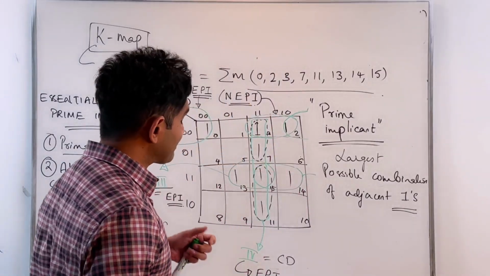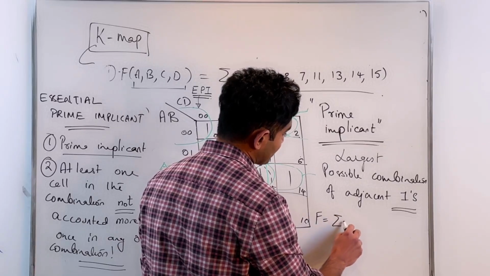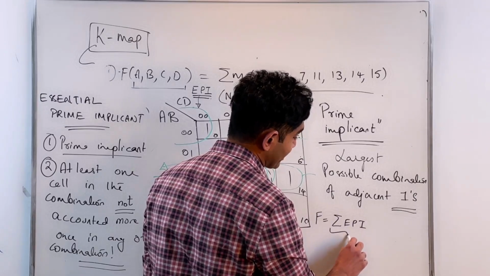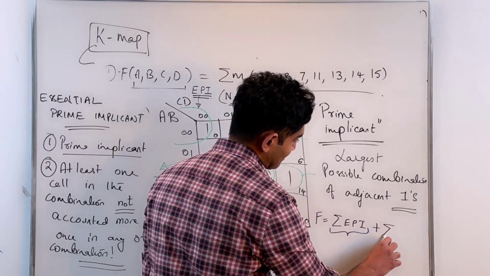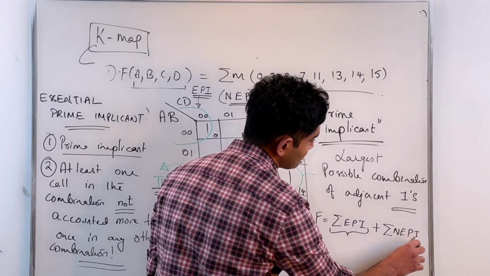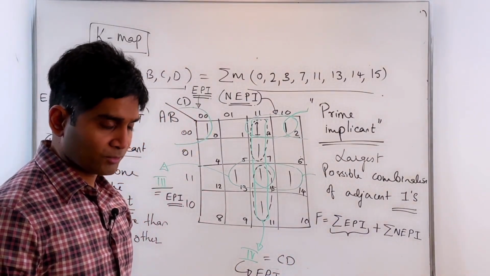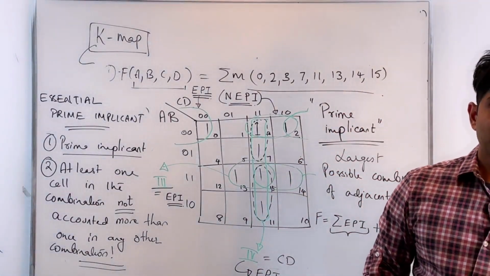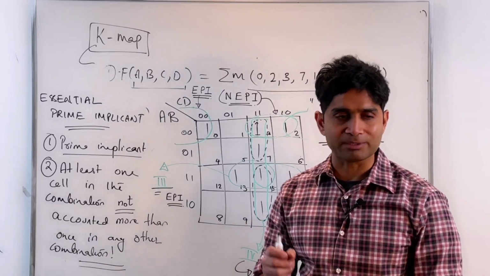And when it's time to write my function down, I would write my function f as a sum of essential prime implicants. So your essential prime implicants are always going to be there, plus some non-essential prime implicants. You don't choose all of them, you choose some of them, so that all the ones in the K-map are accounted for. So the ultimate goal is to make sure that every single one in the K-map is accounted for in one or the other combination.